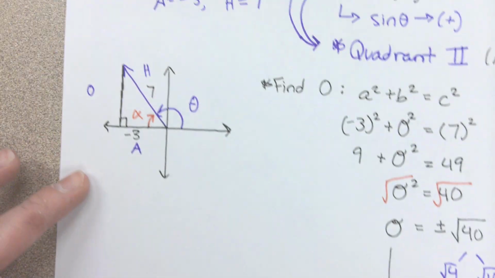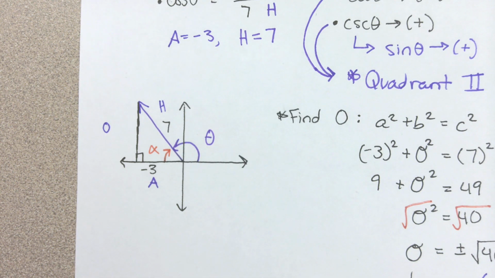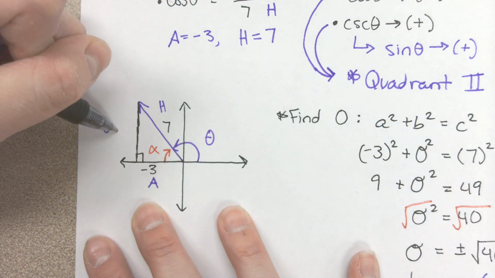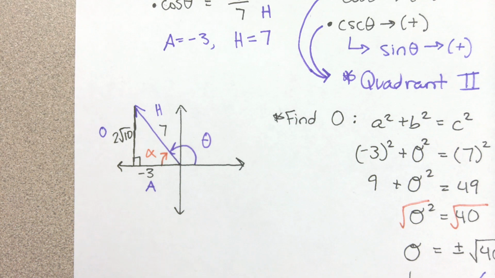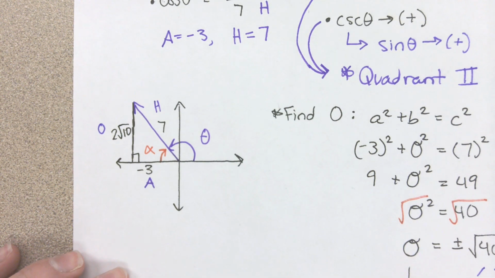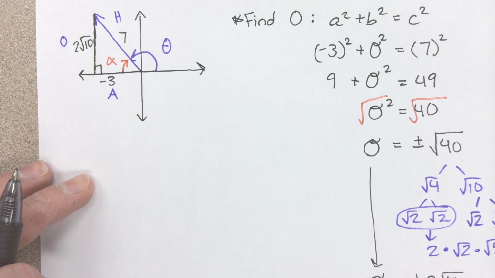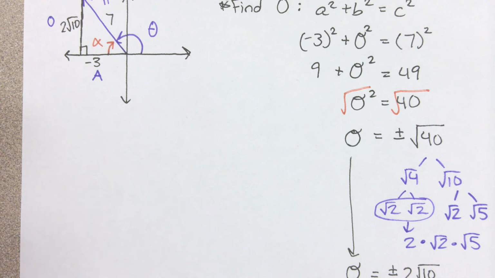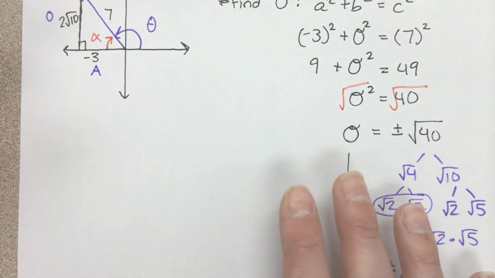So now that I've finally found O, I can fill him in on my triangle. 2 square root 10. Now we can fill in all 6 trig functions plus theta and alpha.